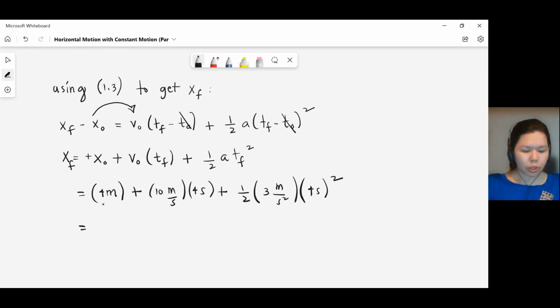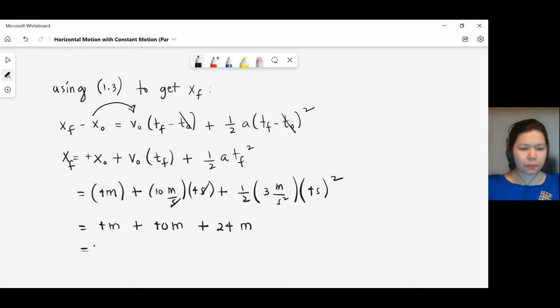Executing this, we should get, copy the 4 meters and 10 times 4, that is 40. Second over second, cancel. And then here 1/2 times 3 times 4 squared, you should get an answer of 24 meters.